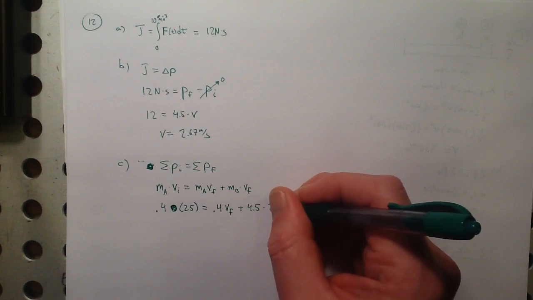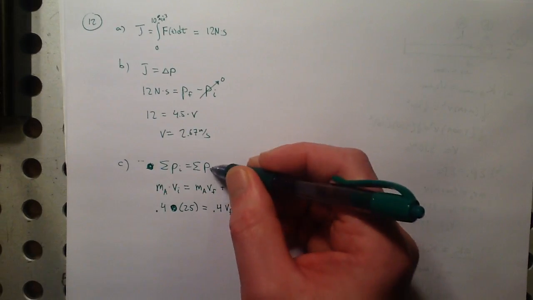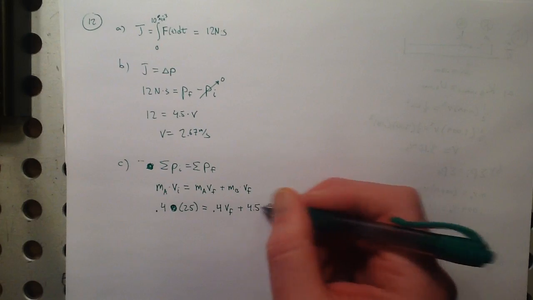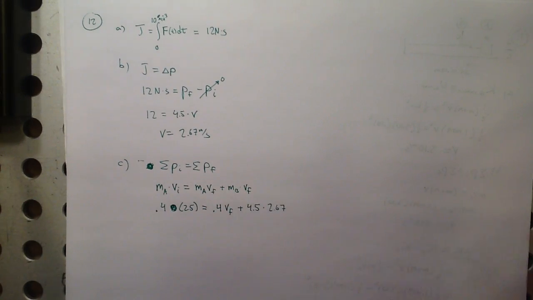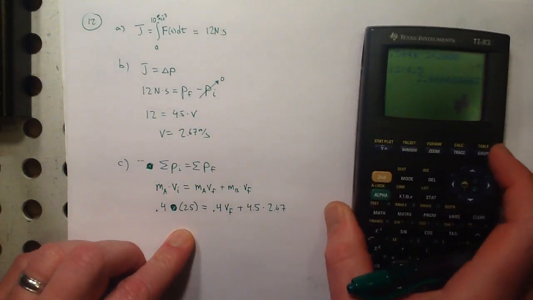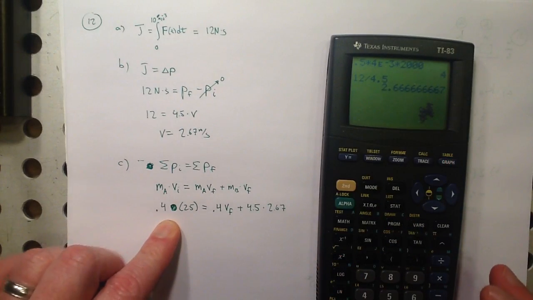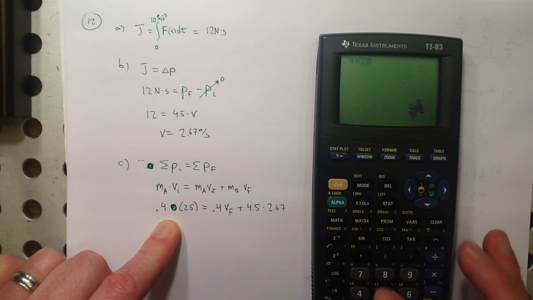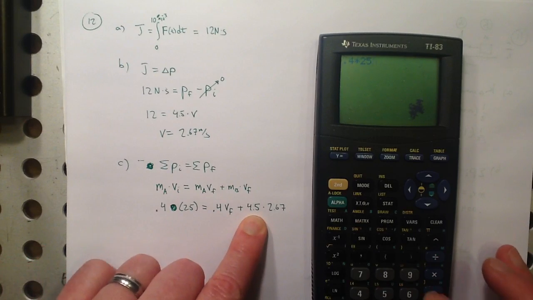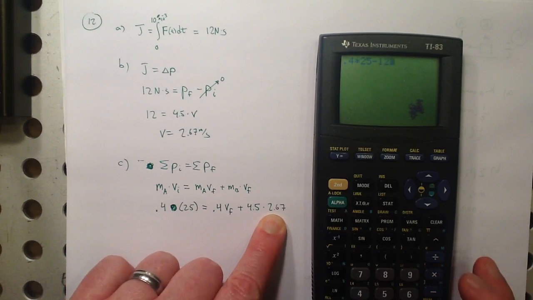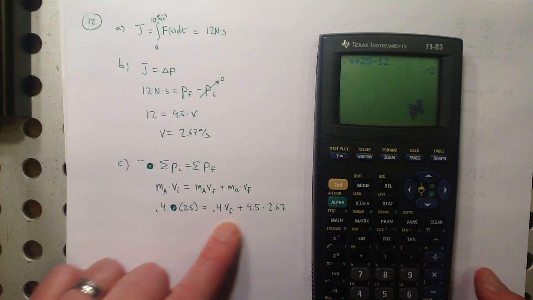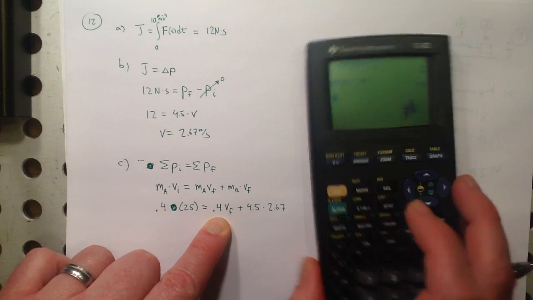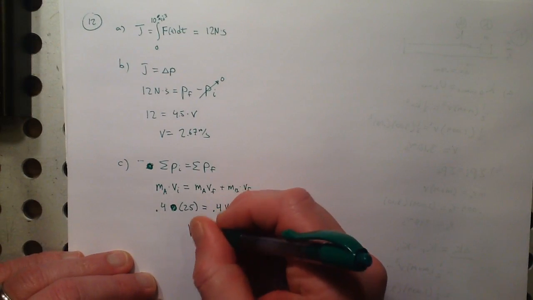The momentum of block B after the collision is equal to its impulse. So that's going to be 12, right? So looks like I'm going to have to do 0.4 times 25 minus 12. It's negative 2 divided by 0.4. So negative 5.